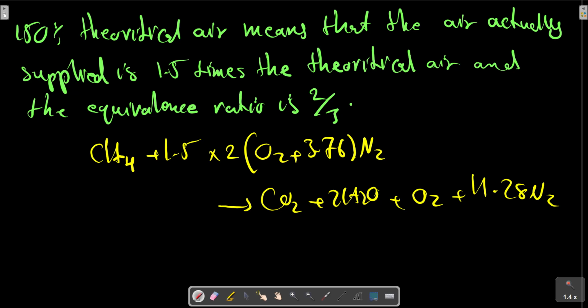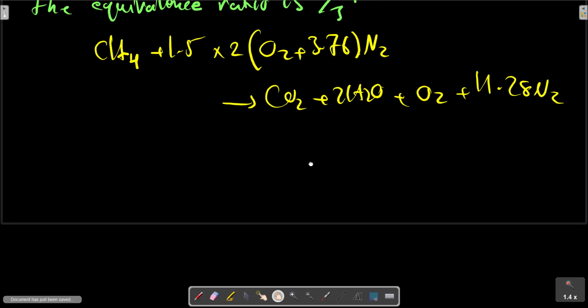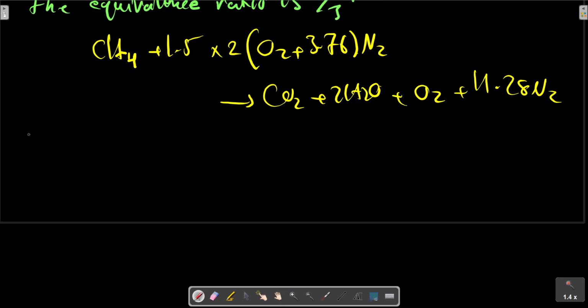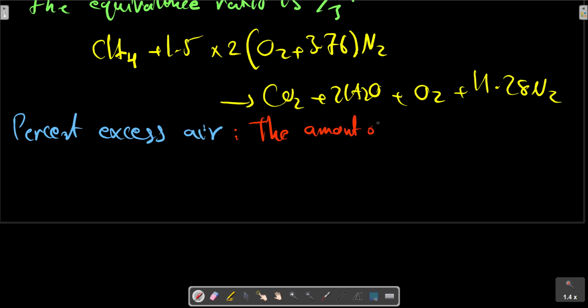The amount of air actually supplied may also be expressed in terms of percent excess air. Thus 150% theoretical air is equivalent to 50% excess air.